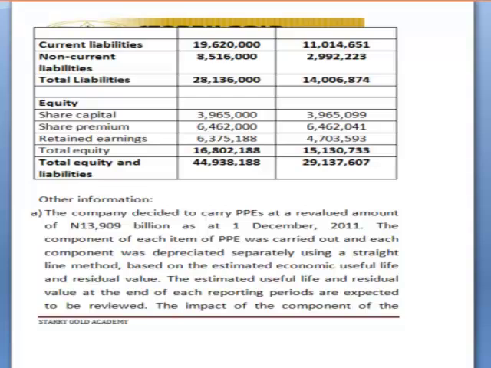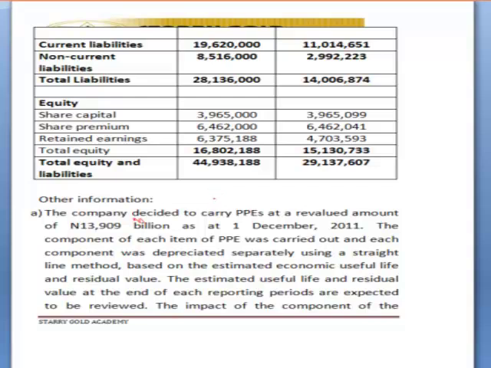Now, in the other information section, we were told that the company decided to carry property, plant and equipment at a revalued amount of 13.9 million as at 1st December 2011.